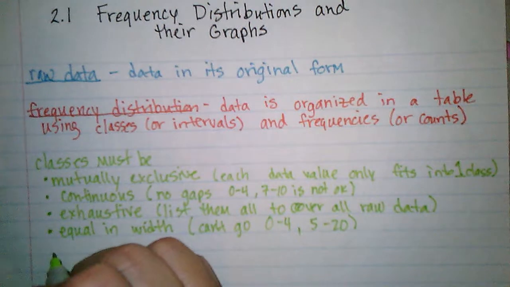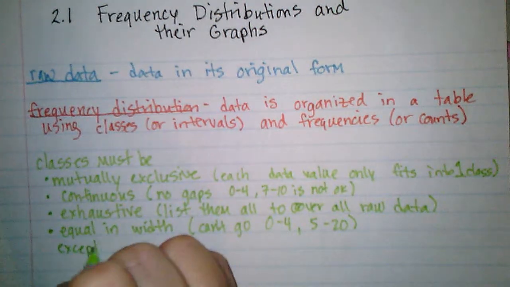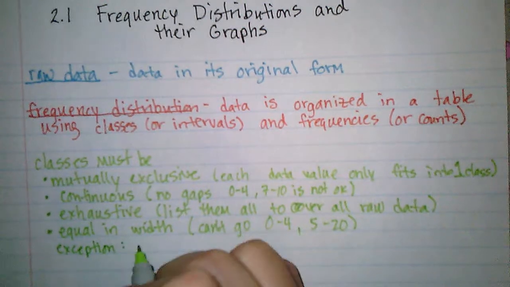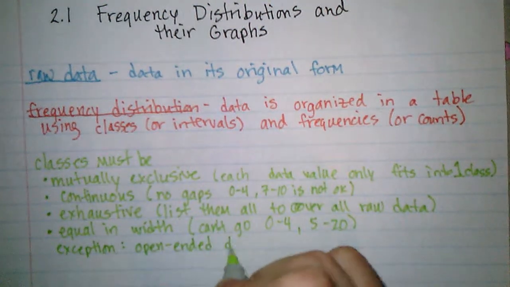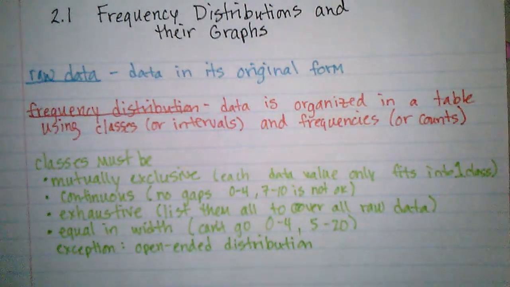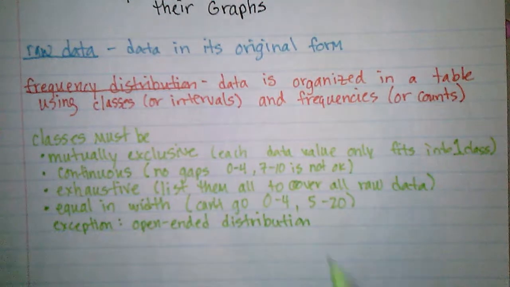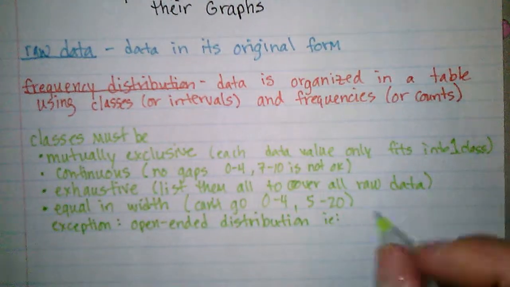Now there is an exception, and that's when you have what we call an open-ended distribution. An example of an open-ended distribution is when I'm talking about ages.